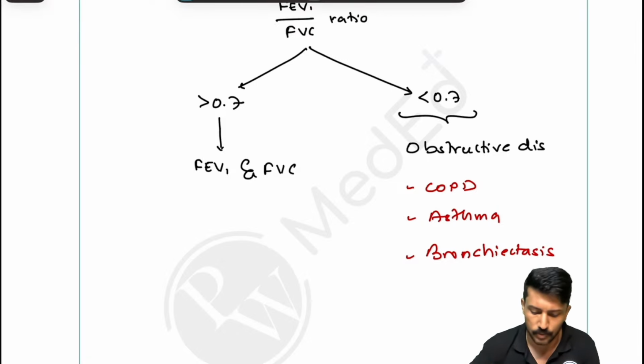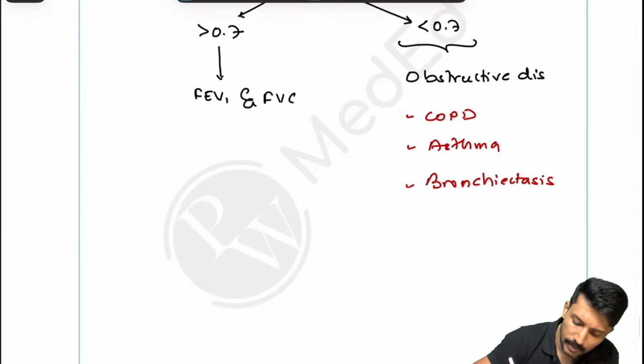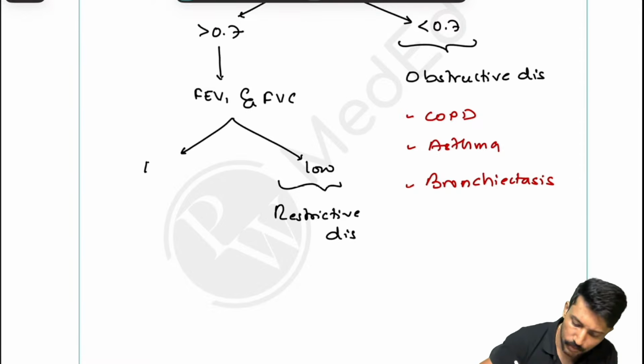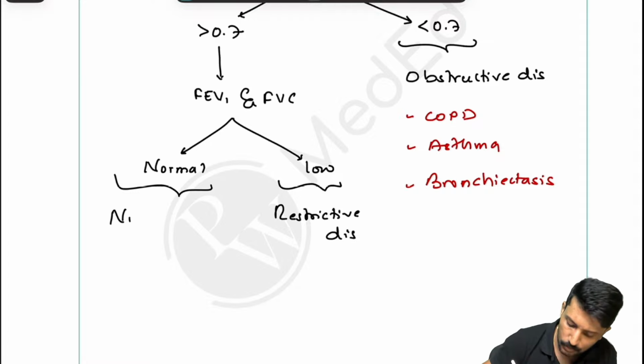If these values are low, then it is restrictive disorder. And if the ratio is normal and values are also normal, then there is no respiratory disorder.